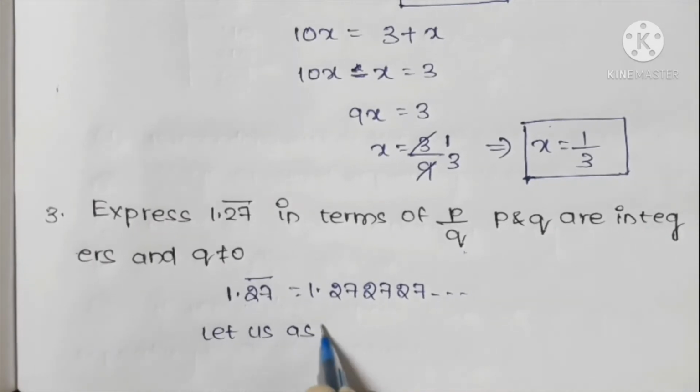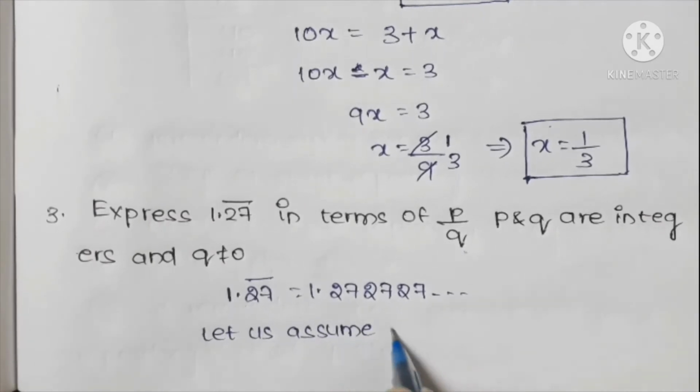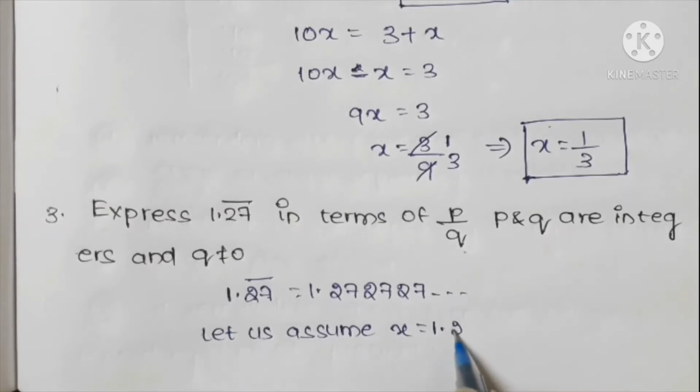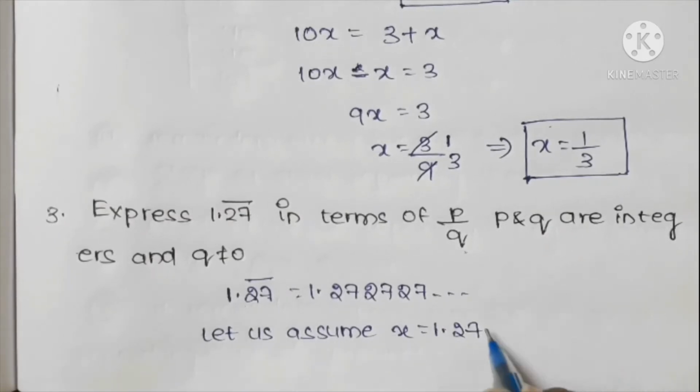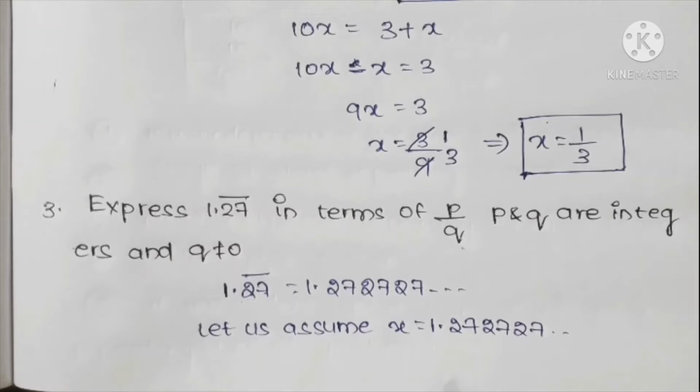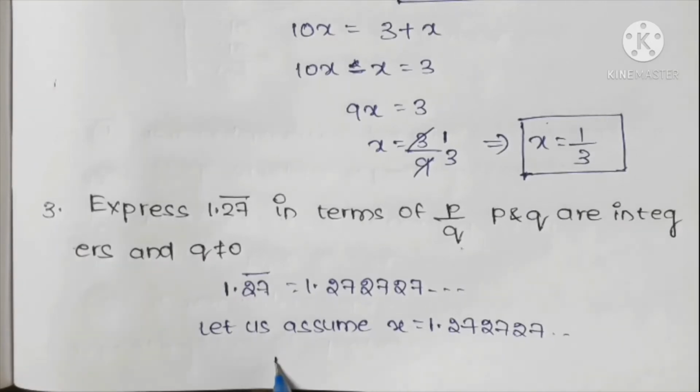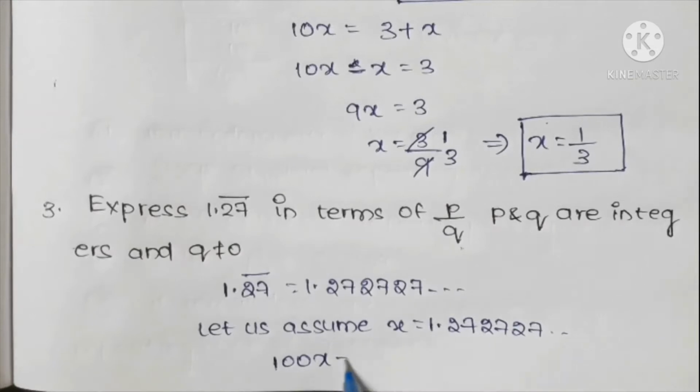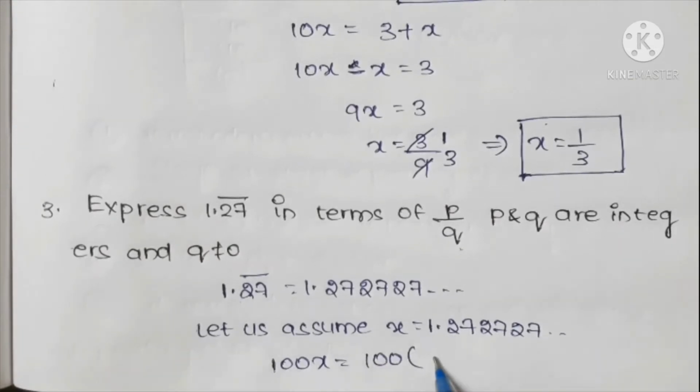Now x equals 1.272727 and so on. Here after the point we have 2 digits, that is 27 is 2 digits. So we should multiply both the LHS and RHS by 100, that is 100x equals 100 into 1.272727 and so on.